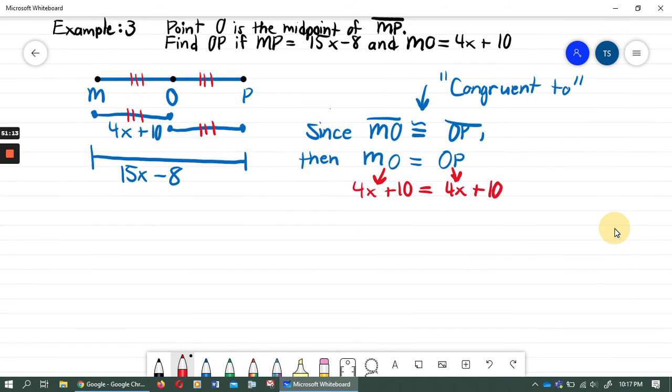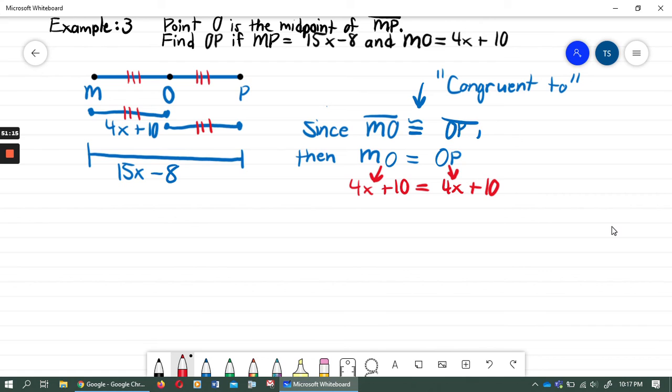So guys, if we know that, here's another place for us to use the segment addition postulate that we talked about in our previous lesson.